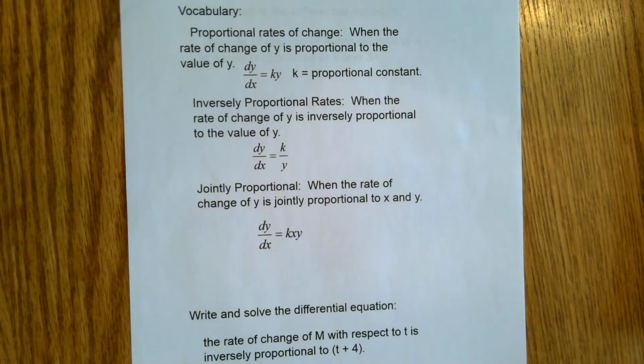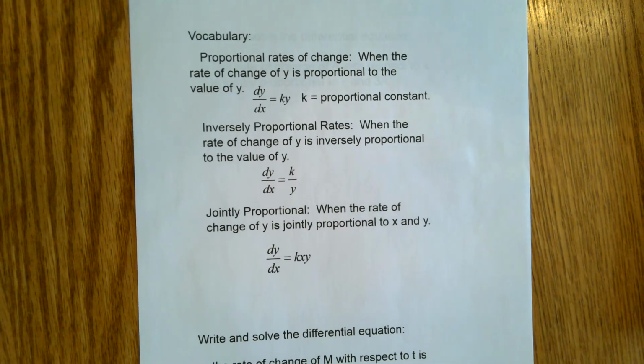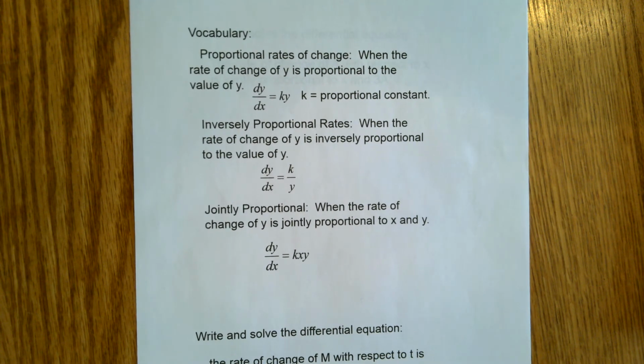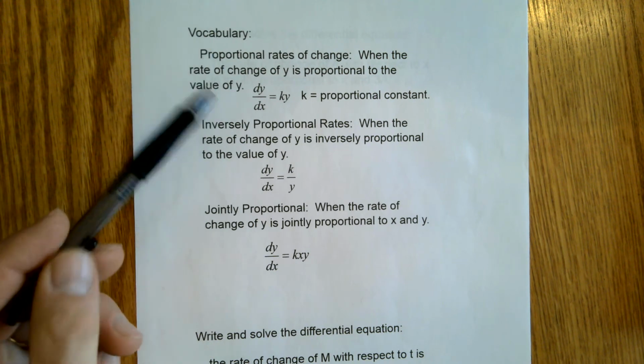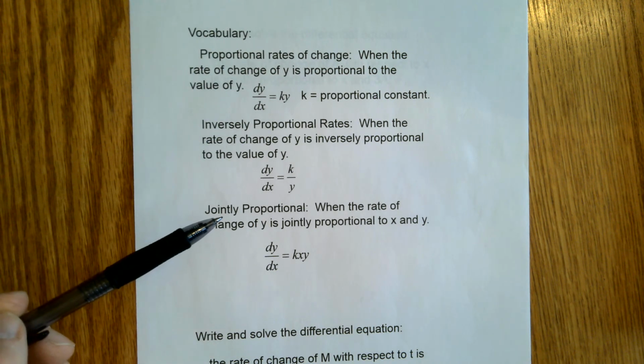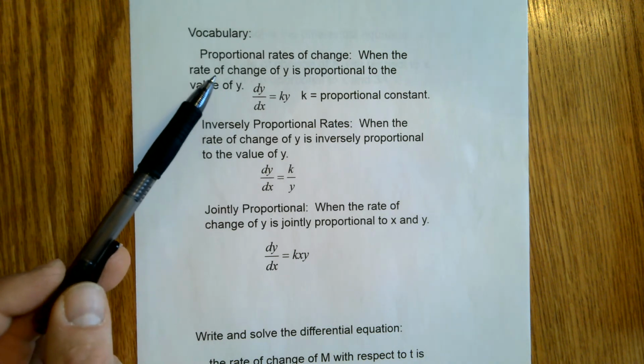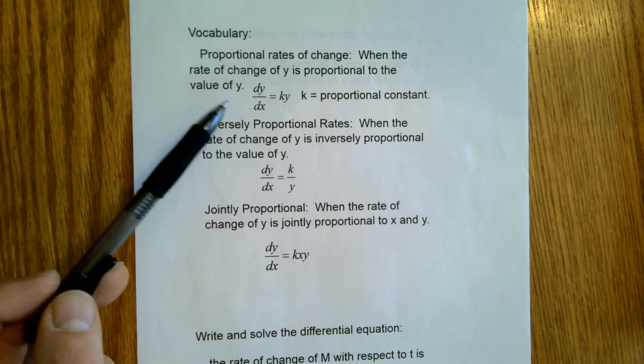All right. The next thing we want to go over is some vocabulary. And this really gets into the crux of what we want to be able to get into eventually, and this will go into tomorrow when we get into Newton's law of cooling. So we have proportional rates, inverse rates, and jointly proportional rates. So a proportional rate of change is when the rate of change of y is proportional to the value of y.